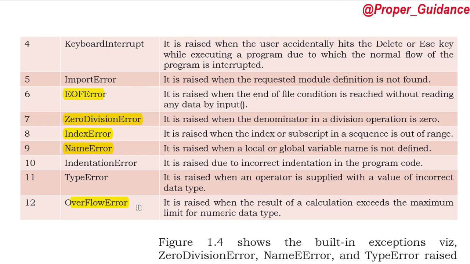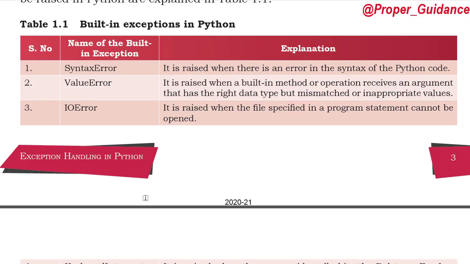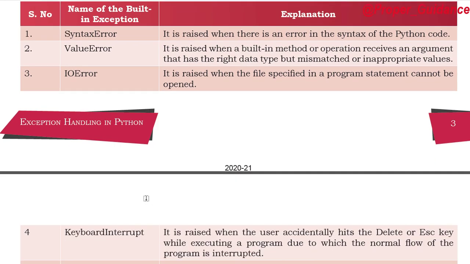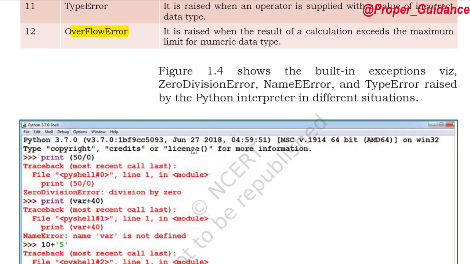You people just go through this chart and try to memorize all the details of these exceptions. When a built-in exception is raised in a particular program, you have to go through this chart properly. And now the following figure shows the built-in exceptions: zero division error, name error and type error.